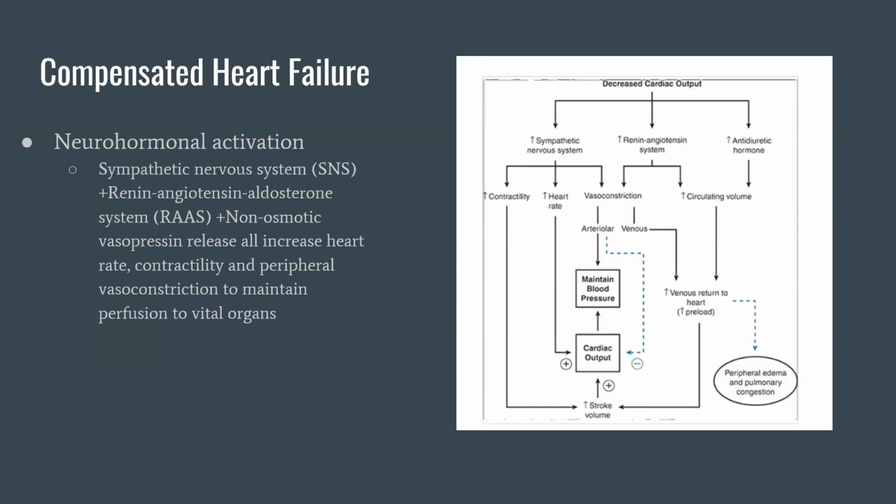And how it used to work is, thousands of years ago, when we were living in the wild and our predators were big woolly mammoths, saber-toothed tigers, we would maybe get bit by a saber-toothed tiger and we would be bleeding. And this pathway would activate because our heart would have less perfusion because we're bleeding.